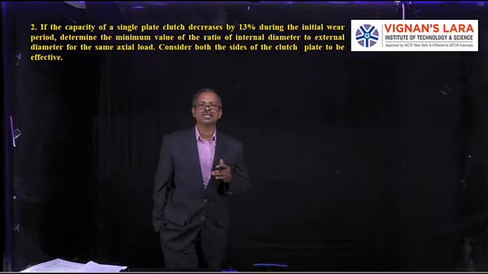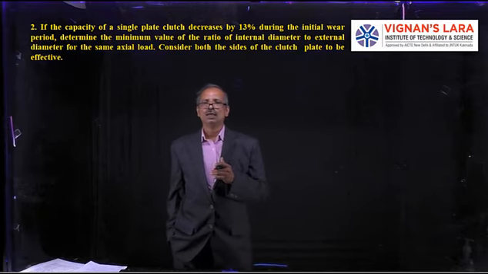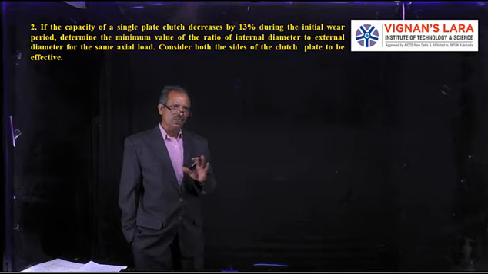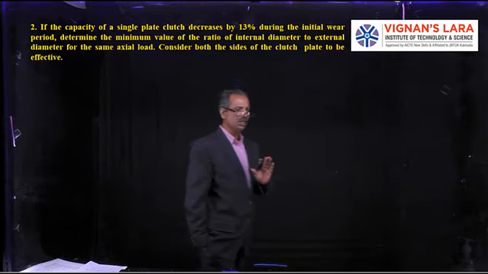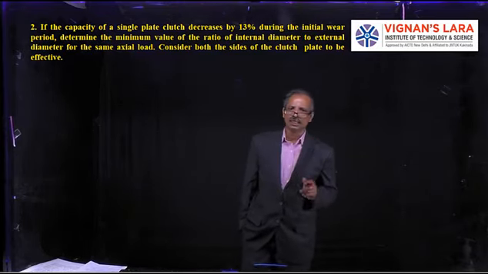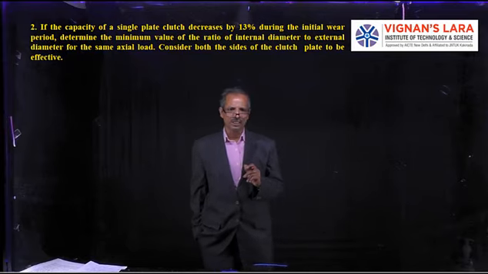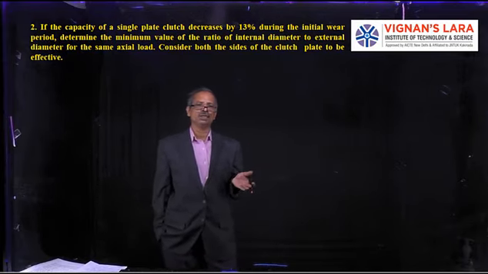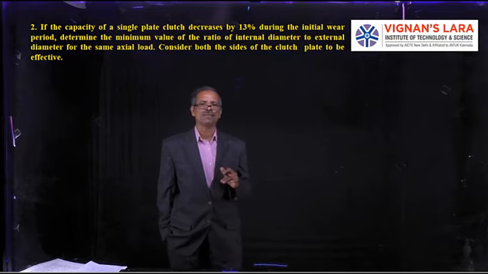Consider both sides of the clutch are effective. Okay, this is the problem. Here nothing is given, only a single-digit number, which gives a relation between the uniform wear theory and uniform pressure theory, and how it is going to be applied.